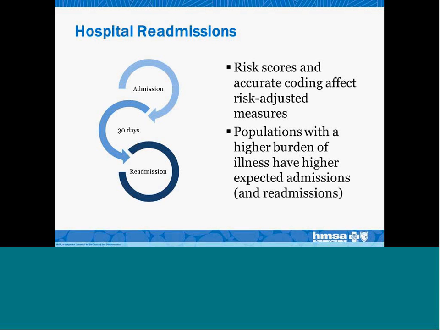So by coding the full burden of illness in your patient population, you're actually affecting what our expected readmission rate will be, which can help us do a little bit better on our overall comparison to other health plans when they can see that, okay, we do in fact have sicker people, and so we need more time in the hospital to make sure that they are healthy.